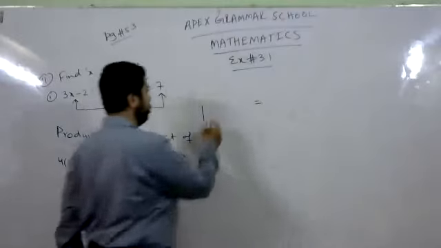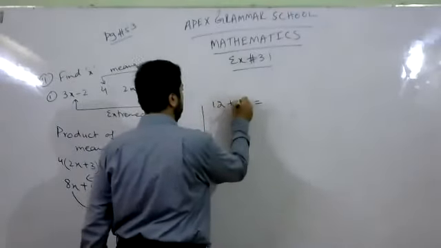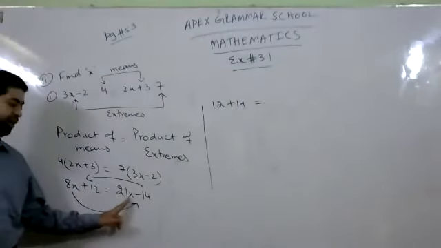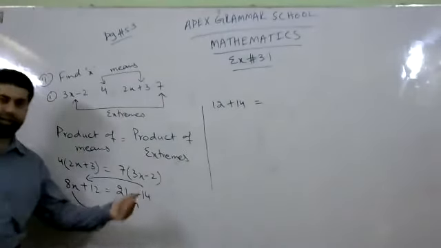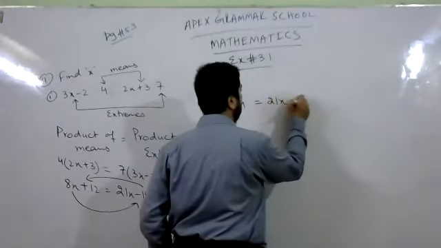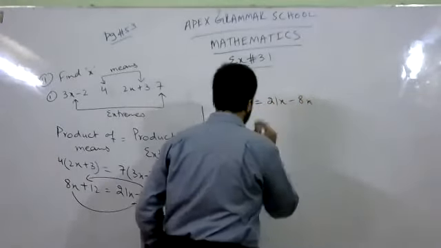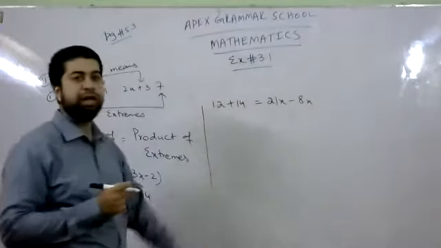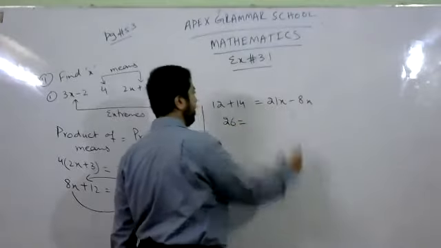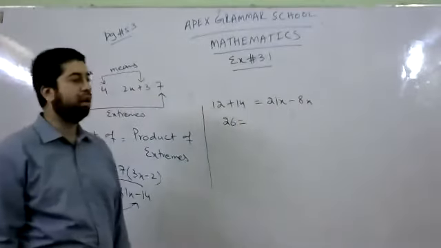So it becomes 12 plus 14, and on the other side of equality, 21x minus 8x. 12 plus 14 makes 26, which is equal to 21x minus 8x.